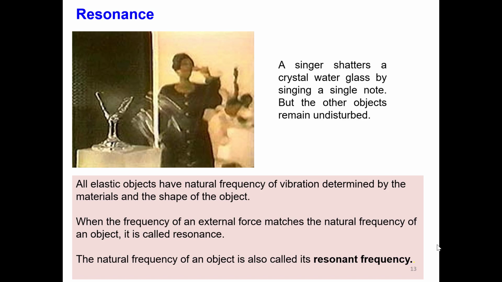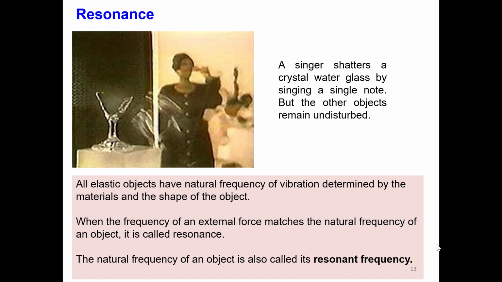The other phenomenon associated with waves is resonance. Probably you have seen this in a movie when a singer shatters a crystal water glass by singing a single note, but the other objects remain undisturbed. And why does this happen?